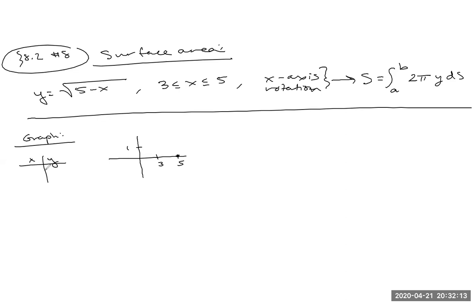So the values that I got, I plugged in 3, 4, and 5 for x, and I got approximately 1.41, 1, and 0. So it's more like this. Okay, so y is a function of x, and then we're rotating that about the x-axis.